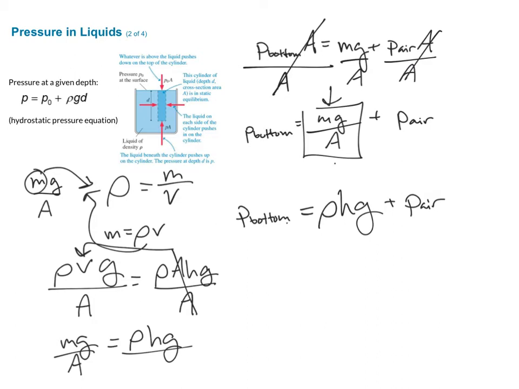Now, we're going to actually generalize this equation even further because we want to know the pressure of a liquid at any point in the liquid. And to do that, I'm actually going to need to go to yet another slide. So our result from the last slide was that pressure at the bottom of the cup equals the pressure of air plus rho GH.